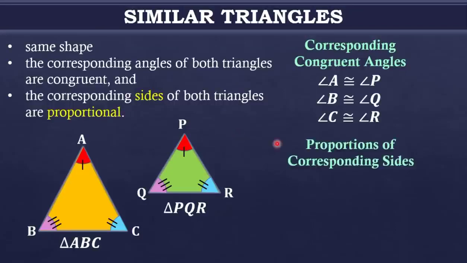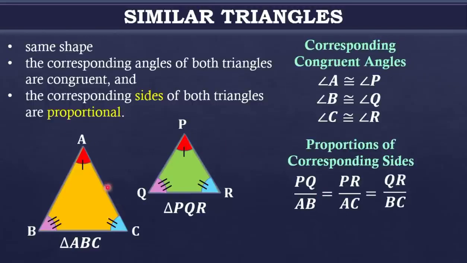So, let's list all the proportions of corresponding sides. We have PQ. This side is proportional to this side of your second triangle, your AB, which is equivalent to PR is to AC and QR is to BC. Okay? So again, ito po yung mga corresponding sides nila na proportional.